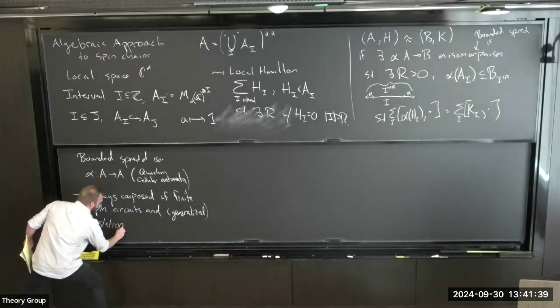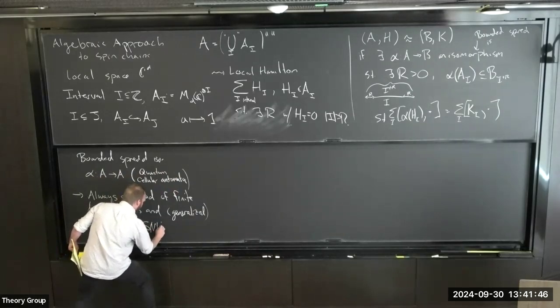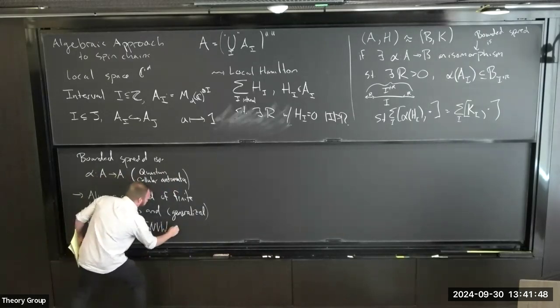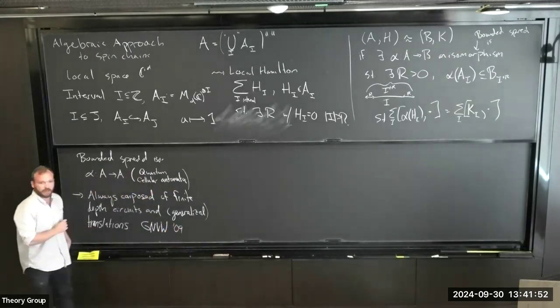And this is a result due to Gross, Nesme, Vogts and Werner, I believe, from around 2009 or 2010. I'm not exactly sure of the date, so I apologize if I get that wrong.